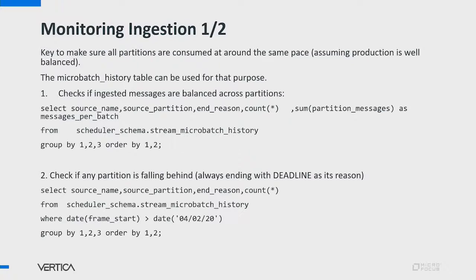This is a simple SQL. We can check this. We can also check if any partition is falling behind. In this case, you will see the reason as deadline. So we are seeing the end reason for our microbatches, and that should give us an idea if this is the case.